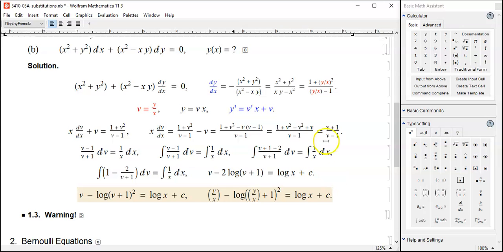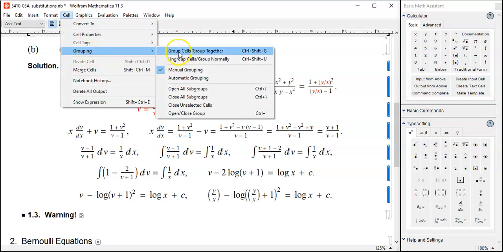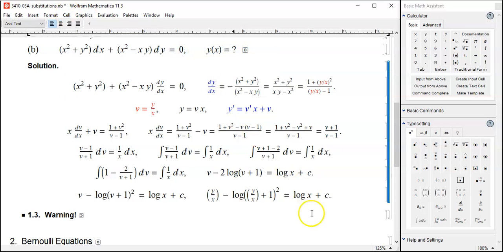Yes, this is a solution, an implicit solution, but it's a solution nonetheless. There's still something that bugs me because of this log of x. X is always positive here. Is there any way to improve this?